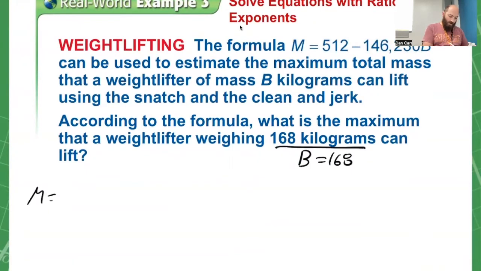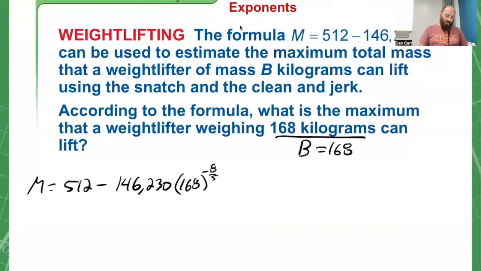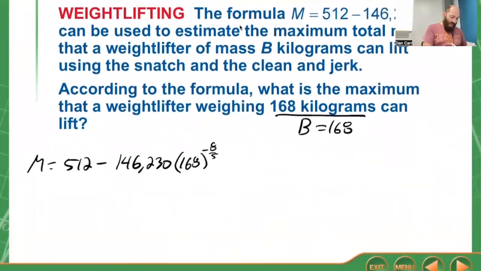So that means m equals 512 minus 146,230 multiplied by 168 raised to the negative 8/5. Okay. From here, if I do a little bit more by hand, I'm going to have to get to a calculator eventually, but I'm going to rewrite this with a positive exponent.